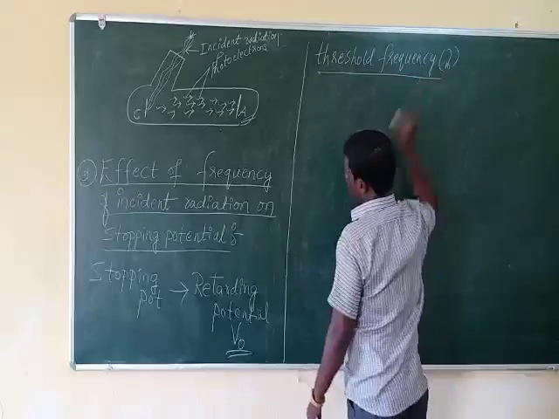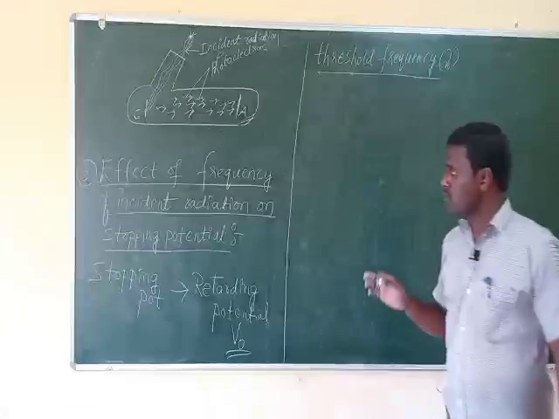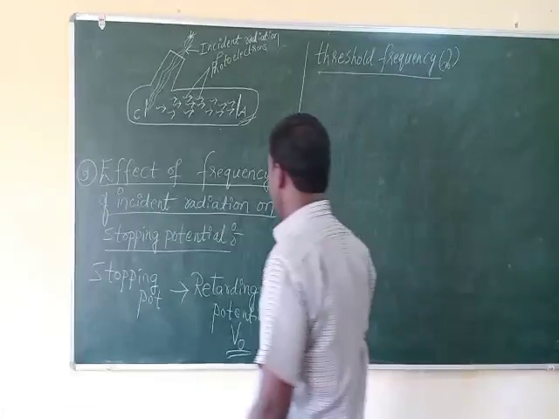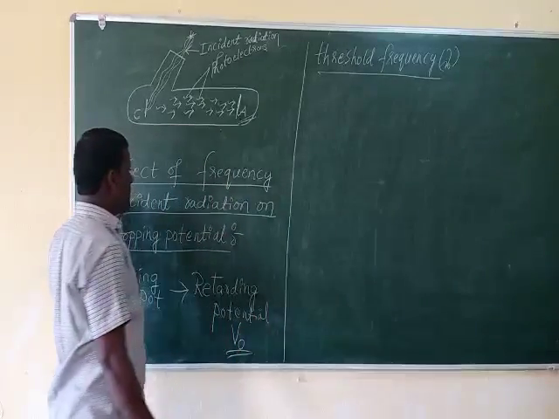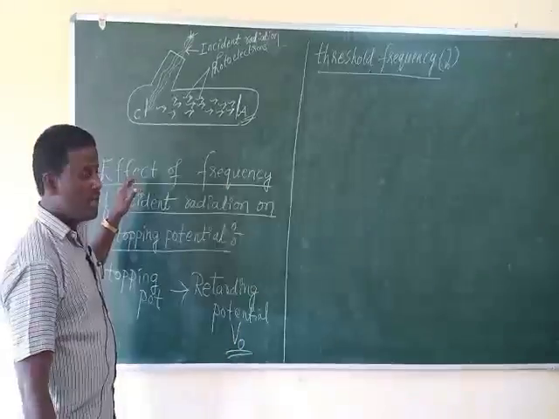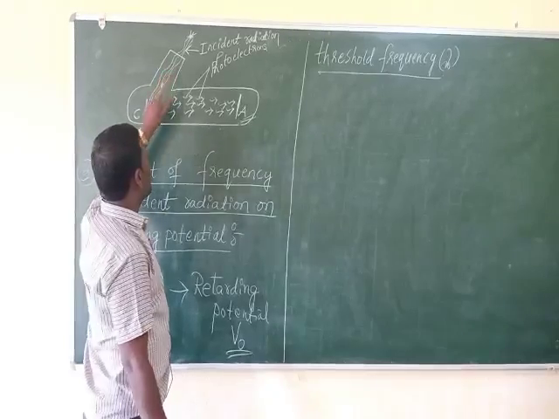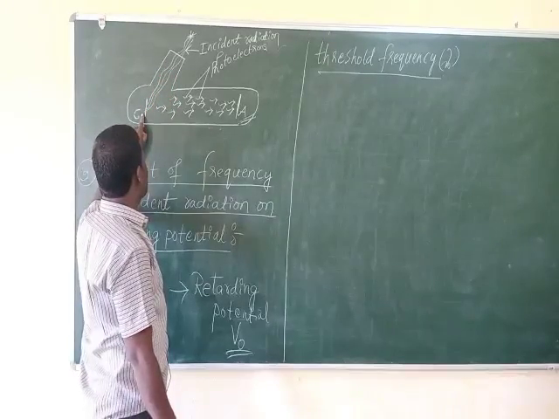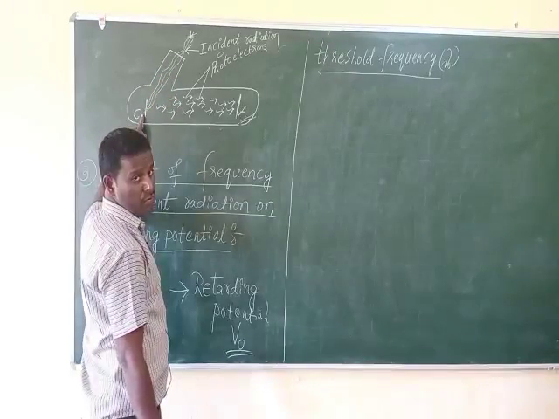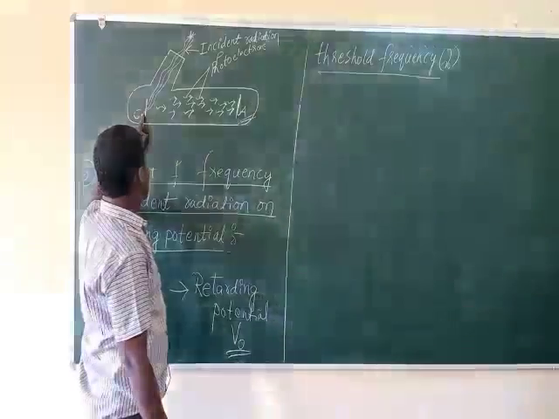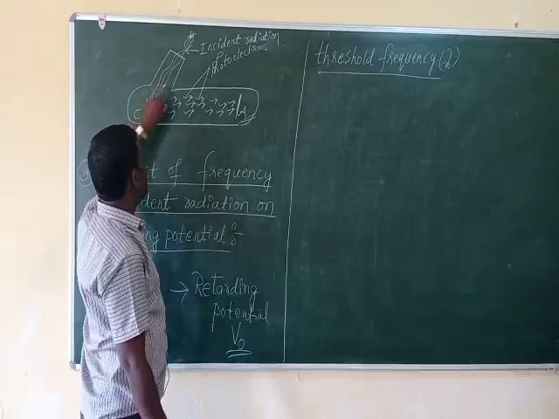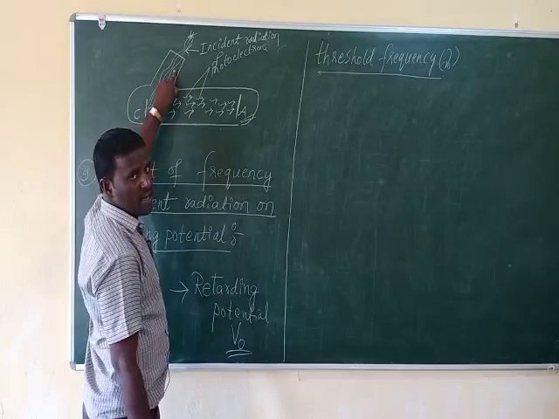Nu naught is the threshold frequency. Here frequency is very important, because for emission of more number of electrons from plate C, you need more intensity for this light.